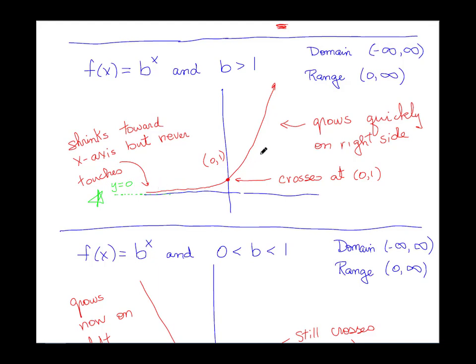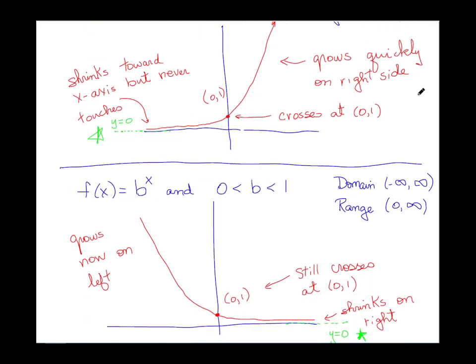And it's going to have this basic shape anytime b is bigger than 1. The domain is all real numbers. It doesn't have any breaks or jumps or strangeness. And the range, well, how low? Well, it never gets to 0. That's why it's a parenthesis. And it does grow upward forever.